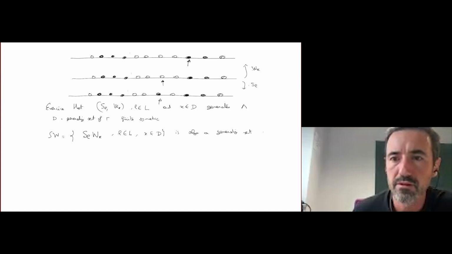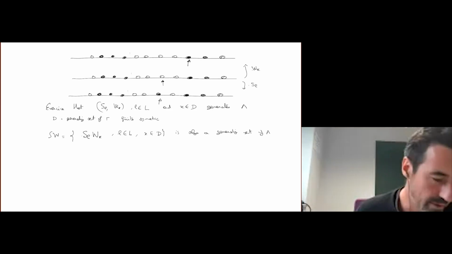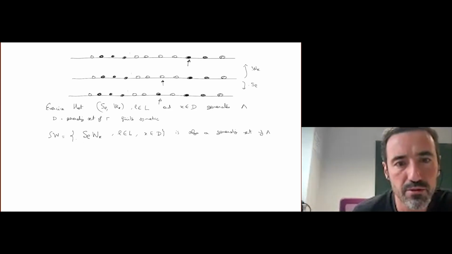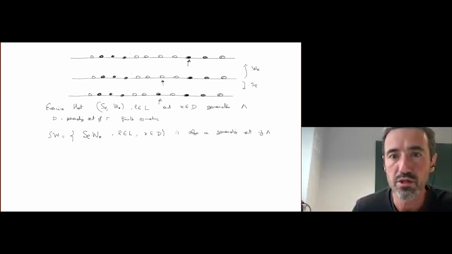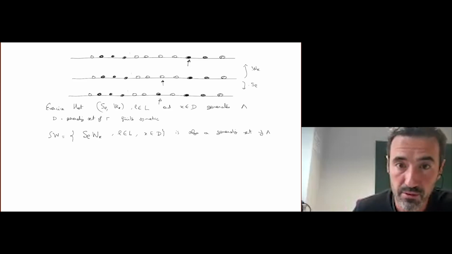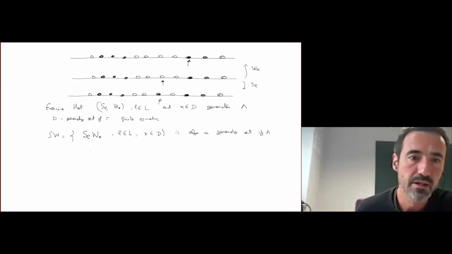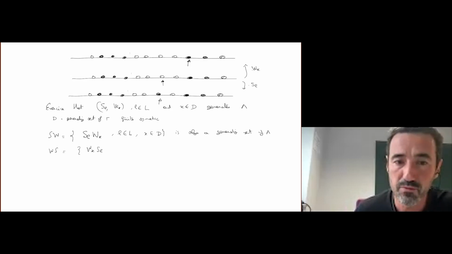Generating set of Lambda. The interpretation is that when you multiply by an element of this family of generating sets, you first switch the lamp where you are, and then you move. There is also WS, where you do the same but with the inverse: you first move and then switch.